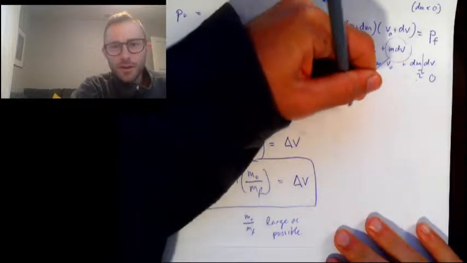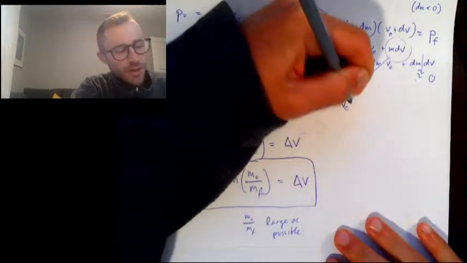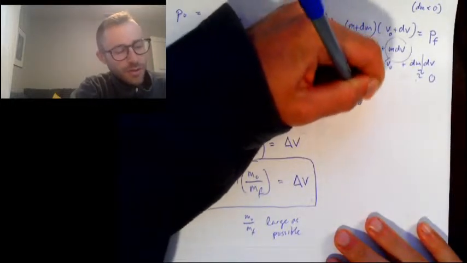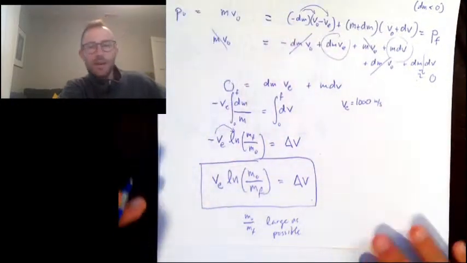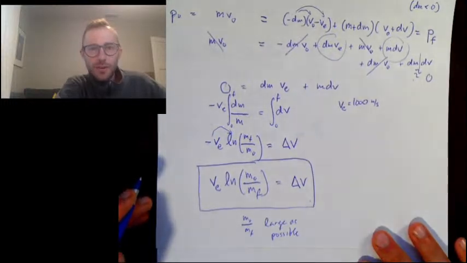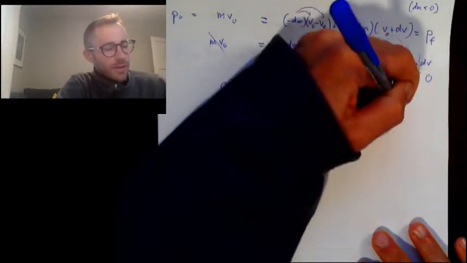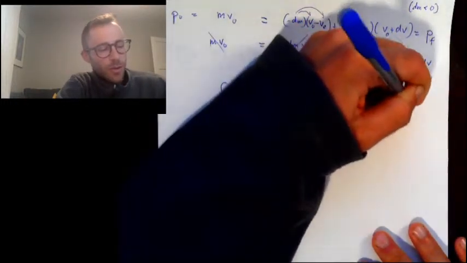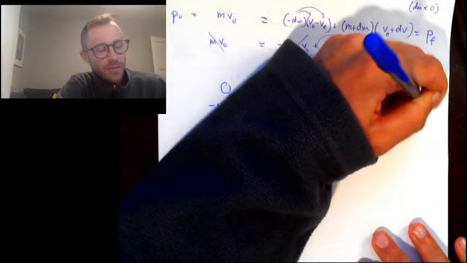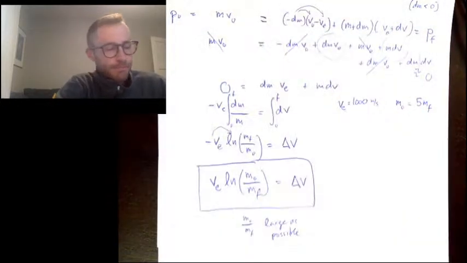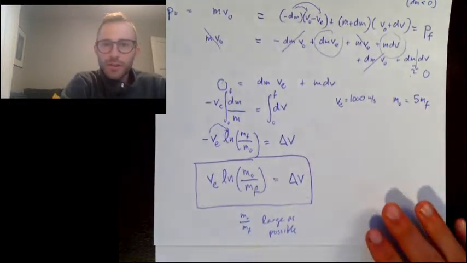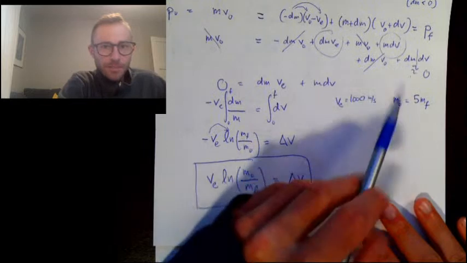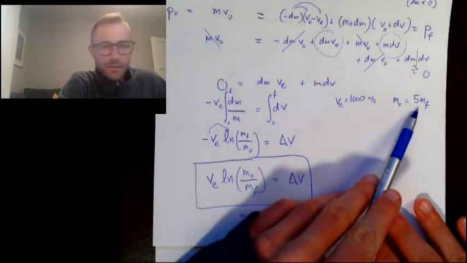Just really quickly, what if the velocity of the exhaust is 1,000 meters per second, and m initial was 5 times m final? Let's work out the numbers.